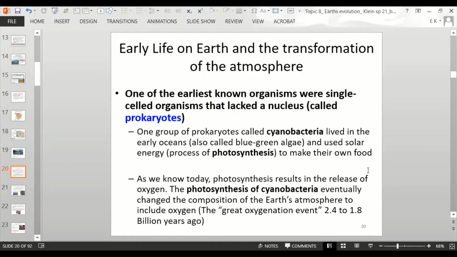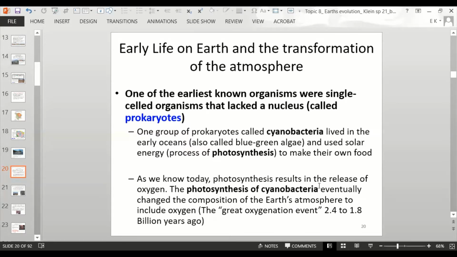Okay, so remember early on I said that the primitive atmosphere was very toxic to most of the organisms that were around. But these single-celled organisms called cyanobacteria that lived in the oceans used photosynthesis to make their own food. And we know from plants and other photosynthetic organisms today that photosynthesis results in the release of oxygen.